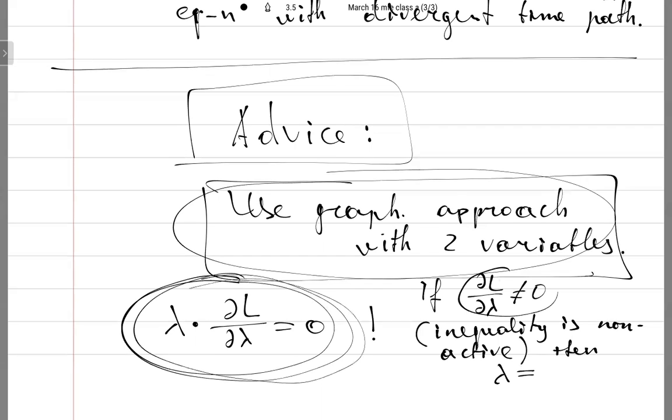If the inequality is non-active, then lambda, according to that equation, should be equal to, be brave, 0. So that's all we need to solve such problems.